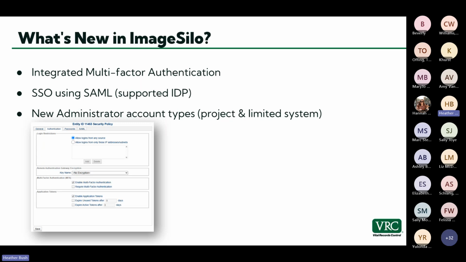New administrator account types. This is a really cool thing that they've added. It used to be that we just had system administrators who could see everything and do everything. Well, now Digitech has given us new administrator account types, a limited system admin and a project admin.